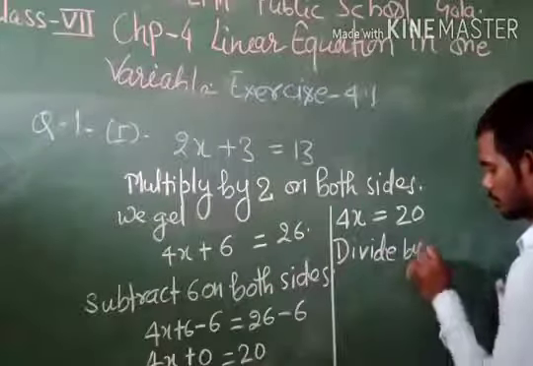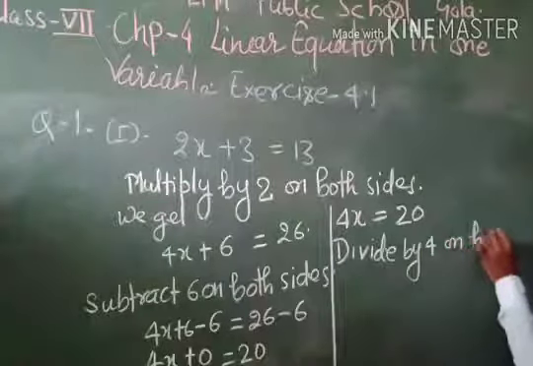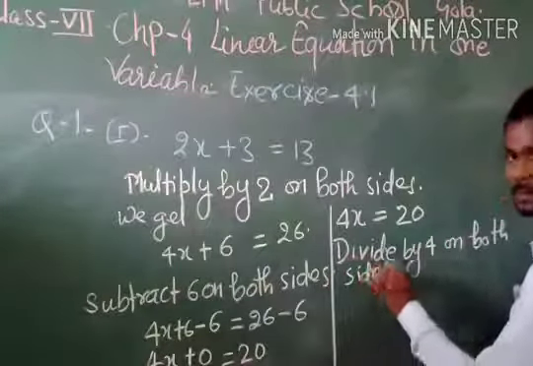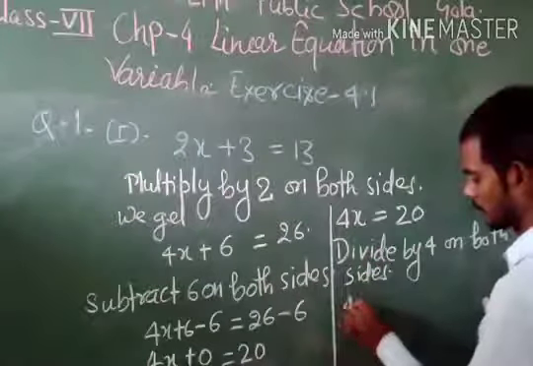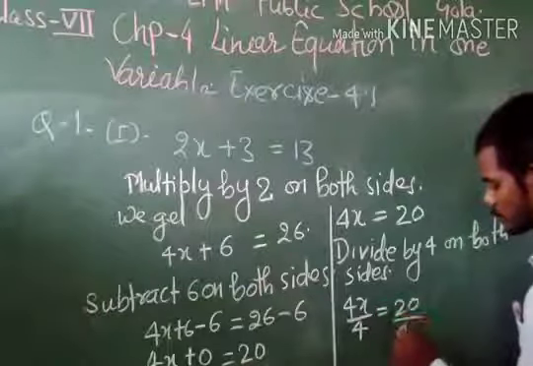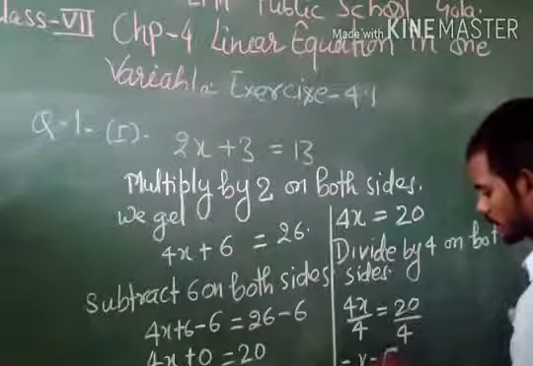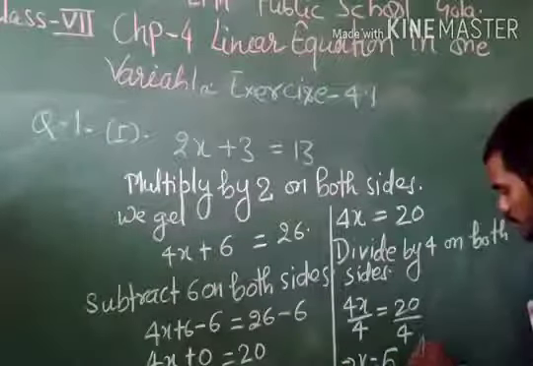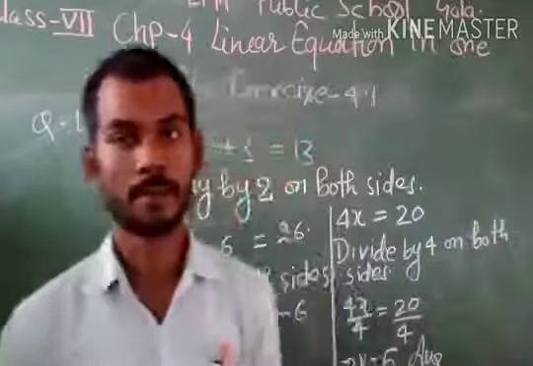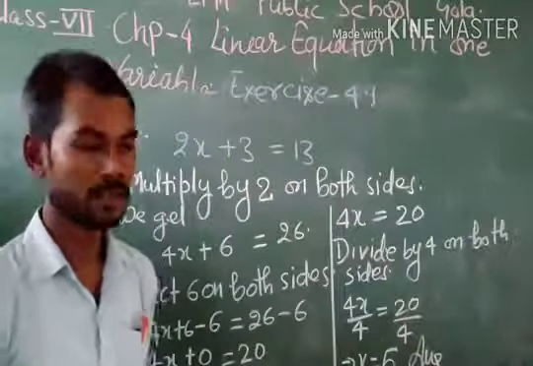We have 4x upon 4 is equal to 20 upon 4. This gives x is equal to 5, which is the required solution of the given problem. I hope you understand everything.